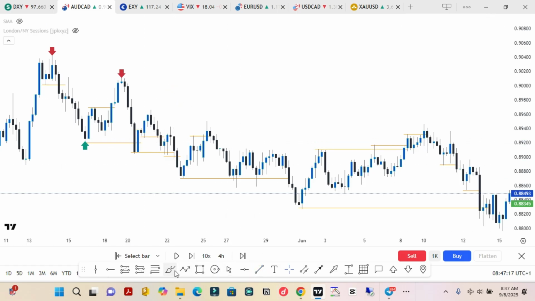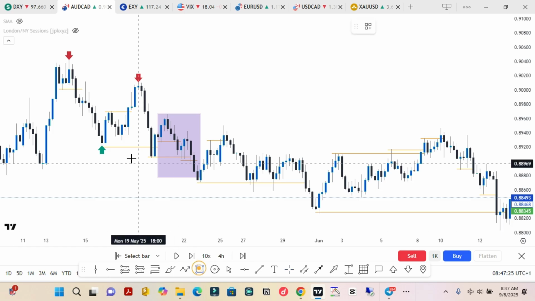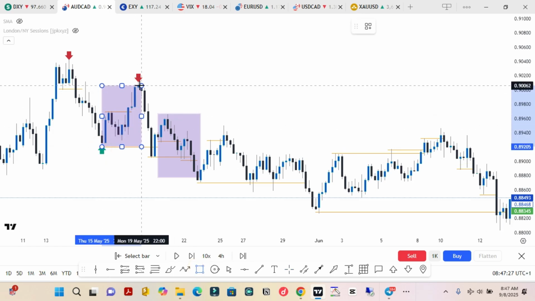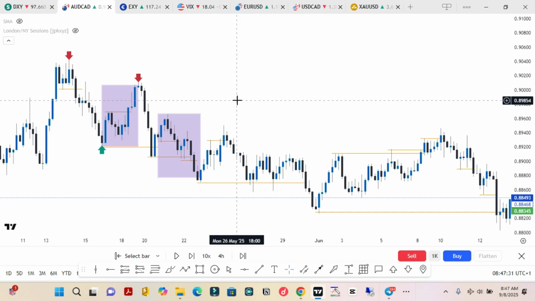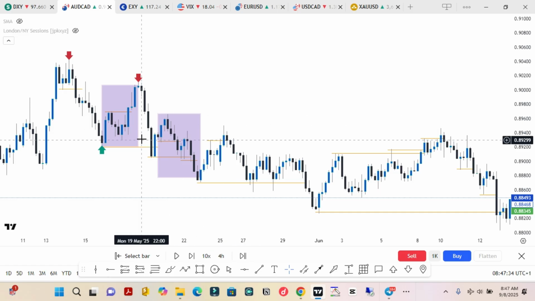This thing that is happening within here is a substructure within the overall structure. I want you to understand that this is also a substructure which you can call a retracement. But that retracement is coming with a break of structure in the same time frame, so you can still label this as an uptrend at this point.